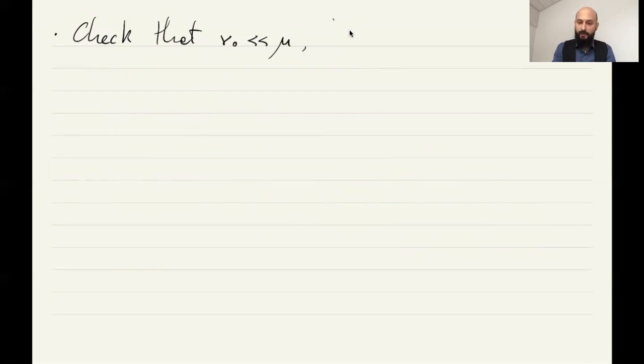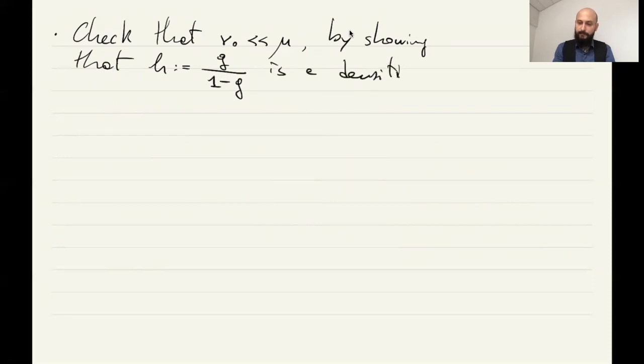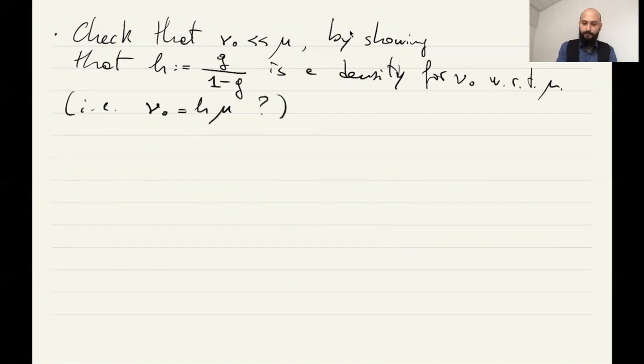And we will do that by showing, I mean, we are showing it by giving the density, that h defined as g over 1 minus g is a density for nu 0 with respect to mu. So in other words, I'm saying that nu 0 is equal to h times mu. Okay, this is what we want to prove.